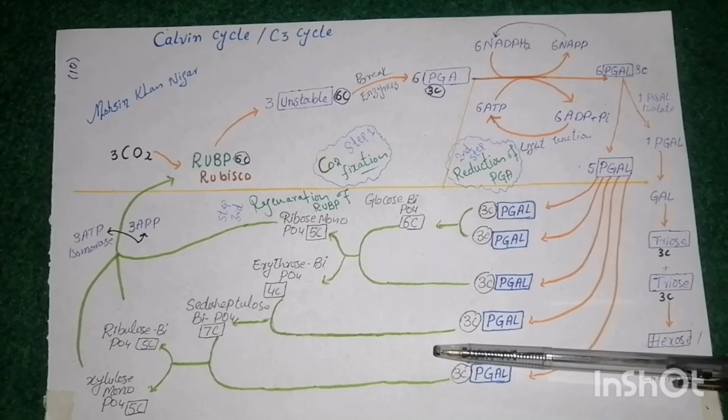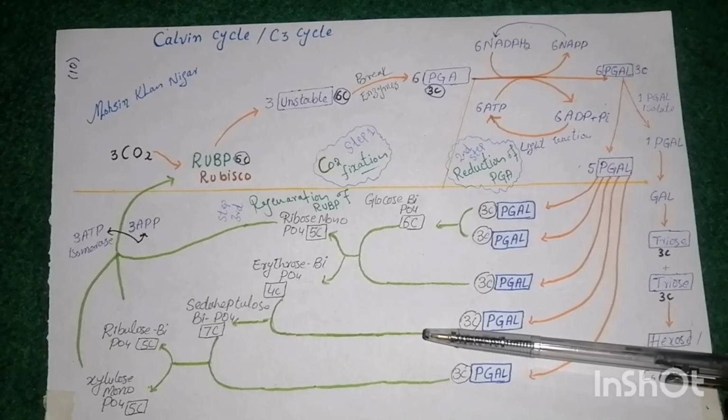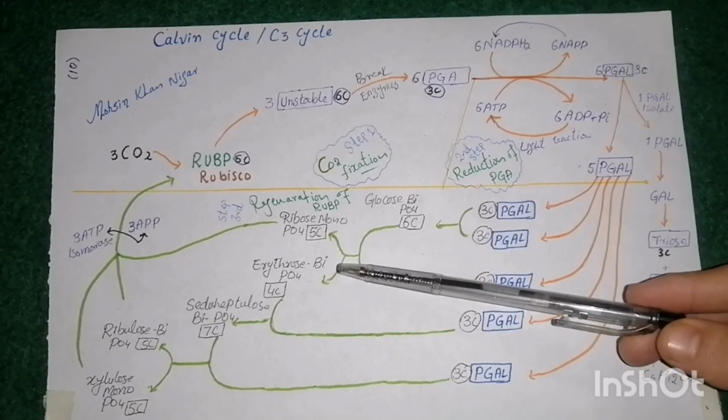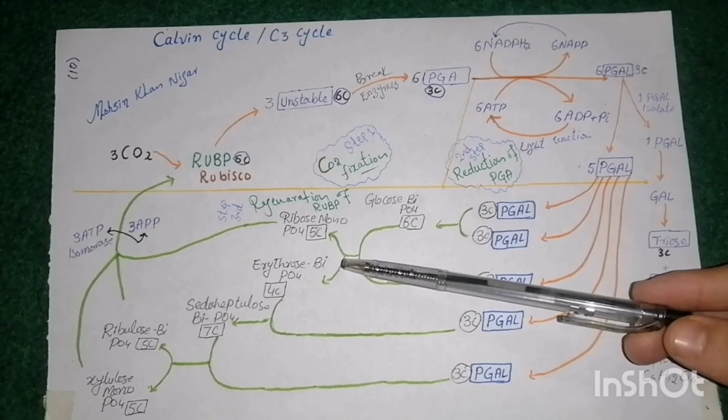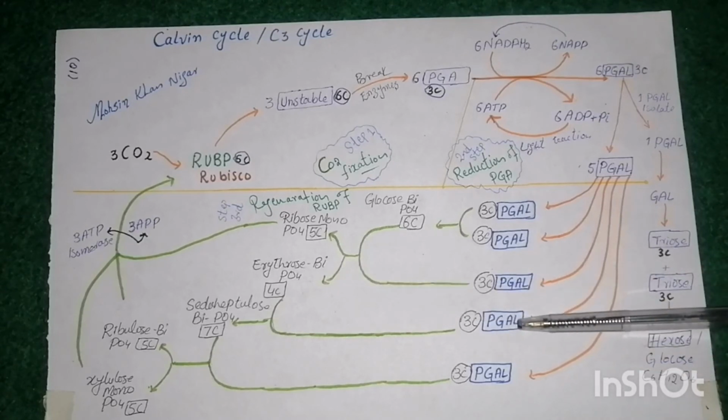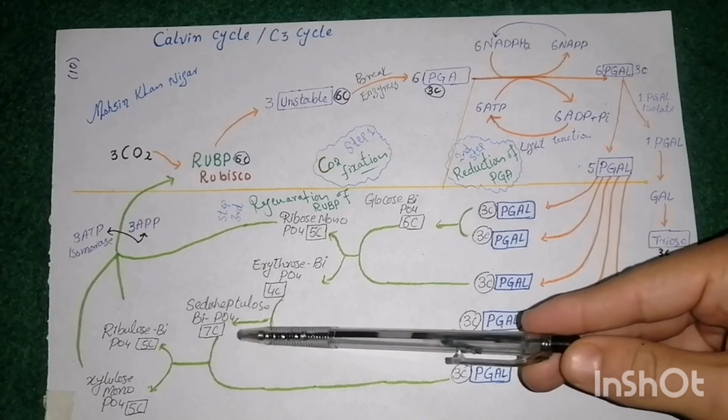In the third step, the 4 carbon compound, erythrose biphosphate, will react with another molecule of PGAL to form a 7 carbon compound called sedoheptulose biphosphate.